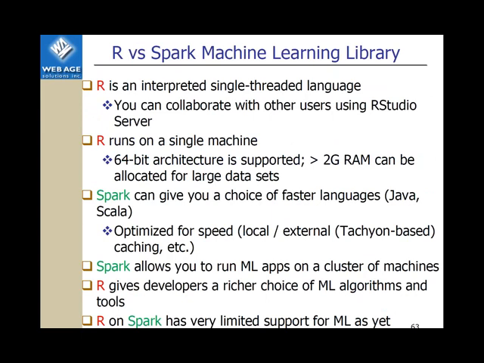So R is interpreted, single-threaded. The good thing is that now R supports 64-bit architectures, meaning that your heap is not limited to 2 gigabytes. It has problems with garbage collection, so it's not really garbage collection as we know, like in Python or Java or CLR. Spark gives you a choice of faster languages.